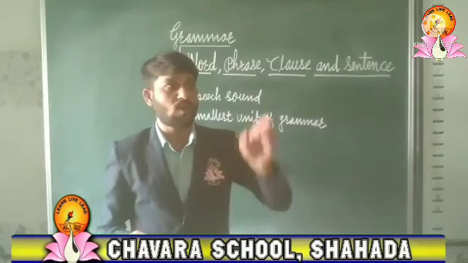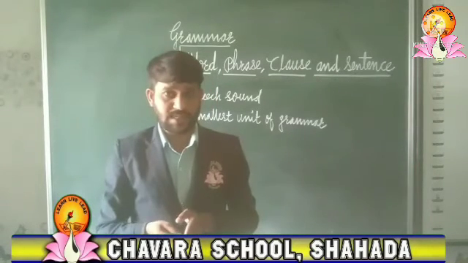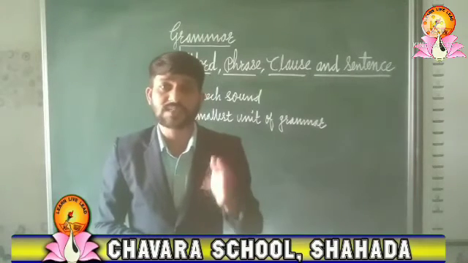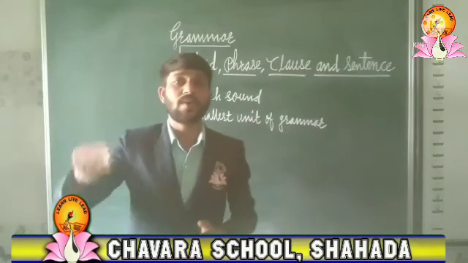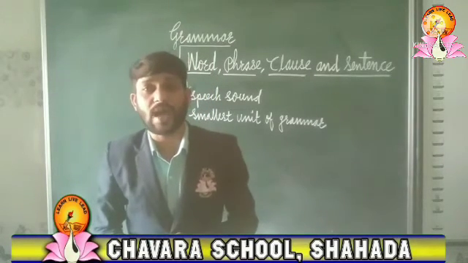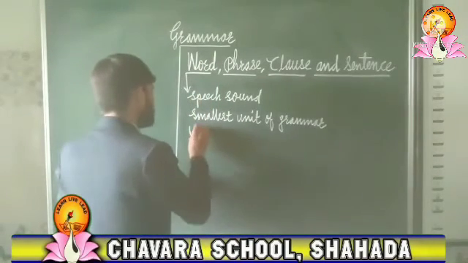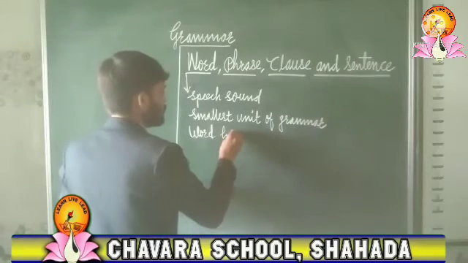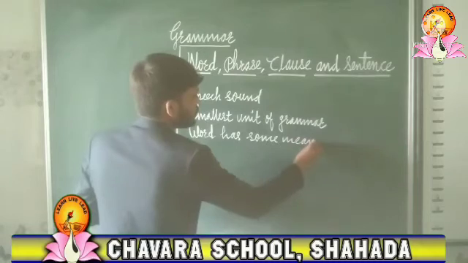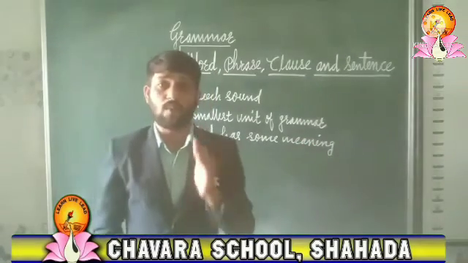It may be just a letter from A to Z. And when a group of letters come together to form a word, it is known as a word. That means a word has some meaning.